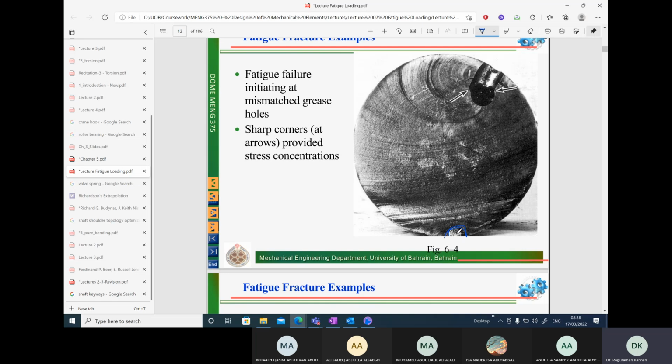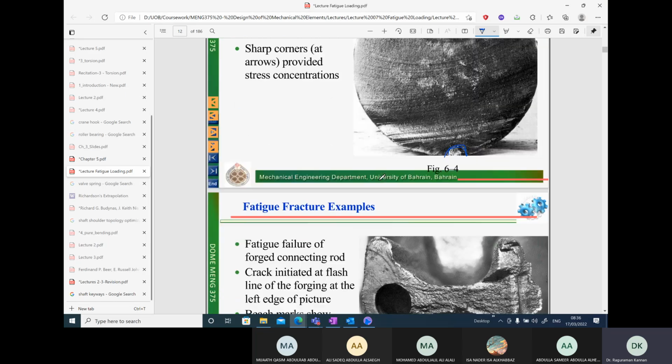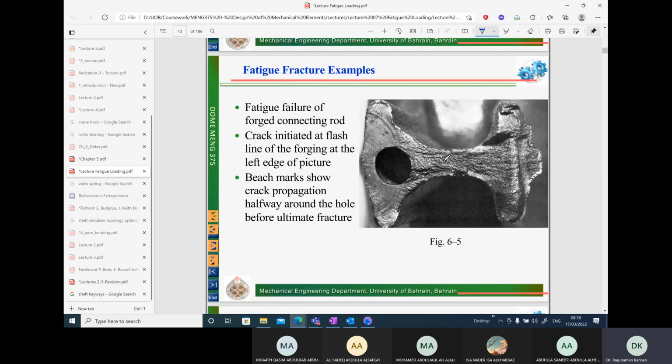Again, low nominal stress, and most probably torsional loads, or maybe a combination of torsional and bending loads. This is another example. Again, wherever we have a hole, that is the place where we have initiation of cracks, and then we can see the beach marks here in this region.